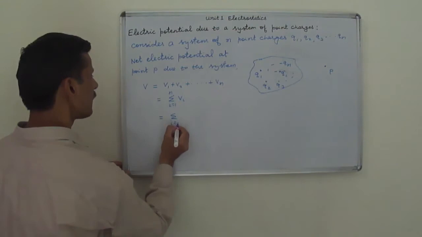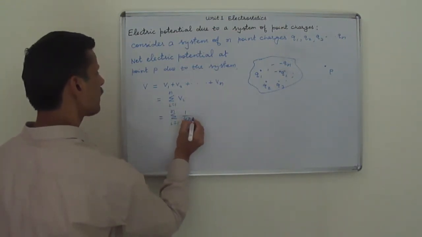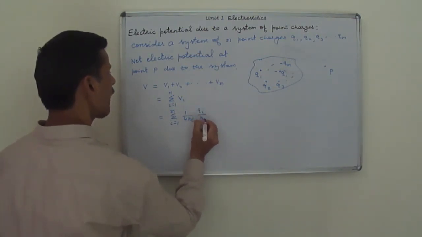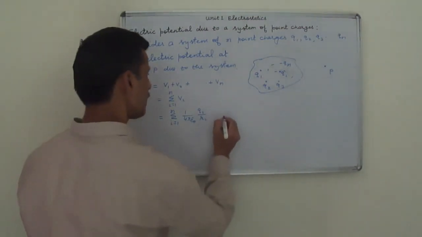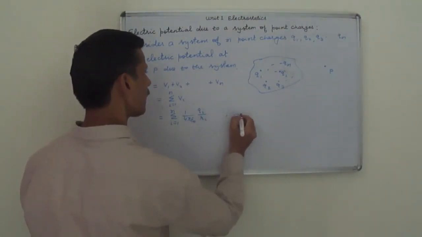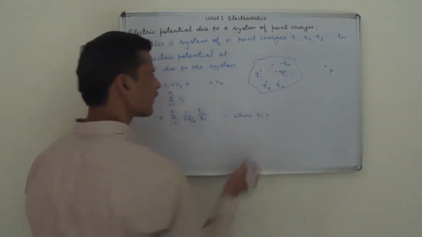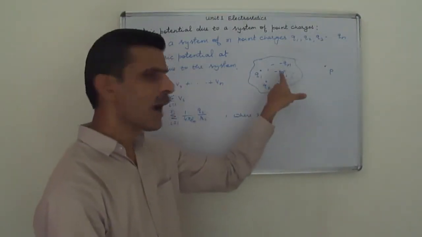And you can say Vi is equal to 1 upon 4 pi epsilon naught Qi divided by Ri. Here Ri represents the distance of this point P from the ith charge.